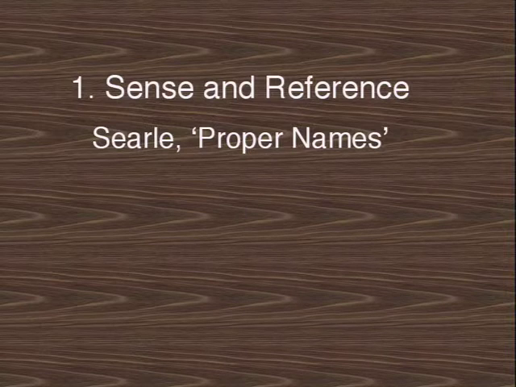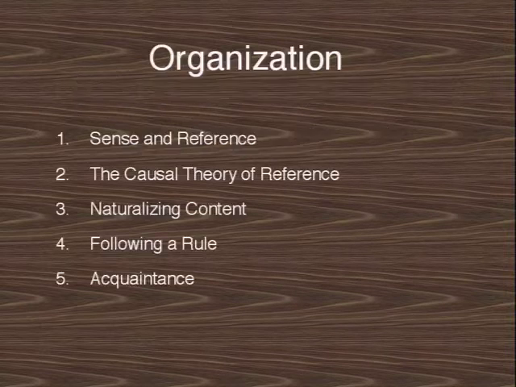Very good. Okay, so just to orient, in this first section we'll just be looking at different ways of thinking about sense and reference. Then in the second unit of the class we'll be looking at the causal theories of reference that people generally believe today.